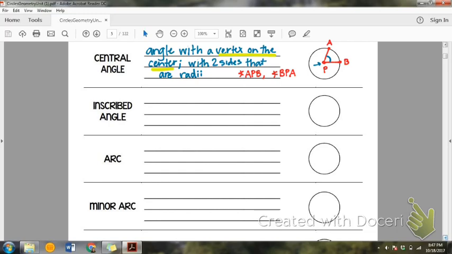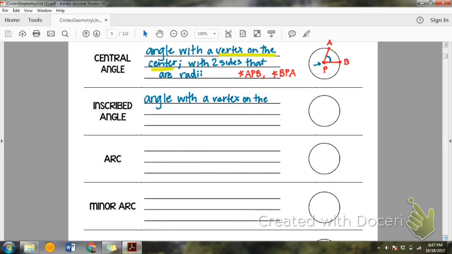Okay, the vertex is on the center. That word on is going to be critical. Because an inscribed angle is an angle with a vertex that is on the circle, not the center.